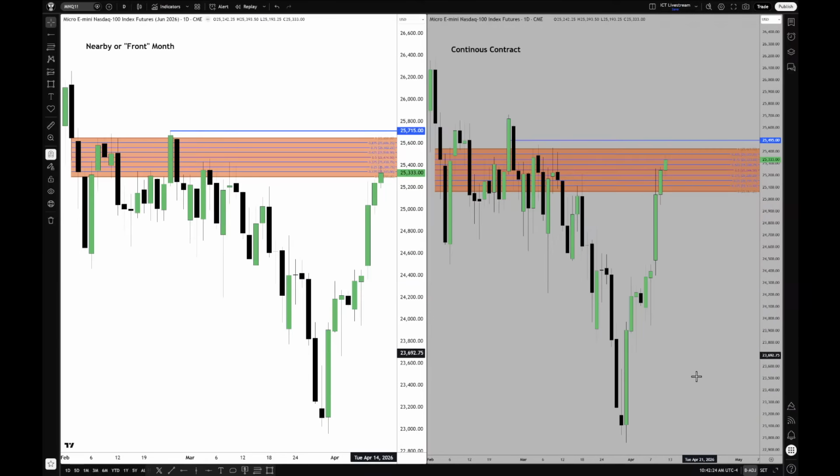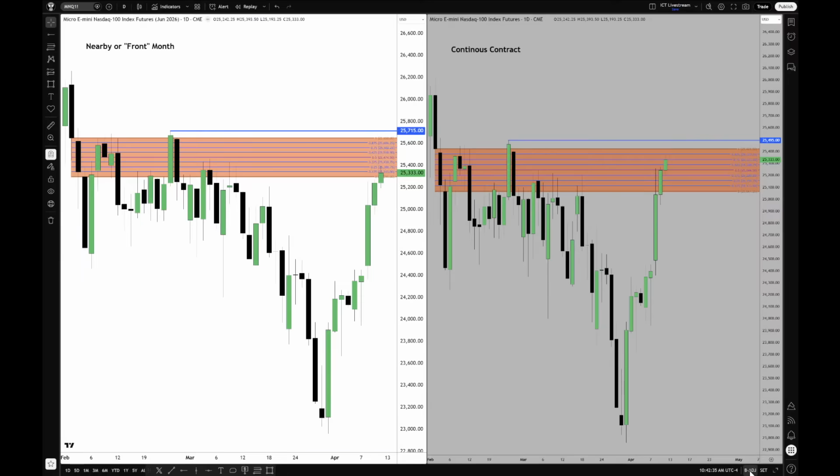I'm not toggling it to find fair value gaps. I'm looking for where there may be a volume imbalance that wouldn't otherwise be seen unless I'm toggling this on or off. And the example I showed here is a perfect example of that. See that? If we were to correct and trade lower, I would view this as important, and I would have it highlighted like this.